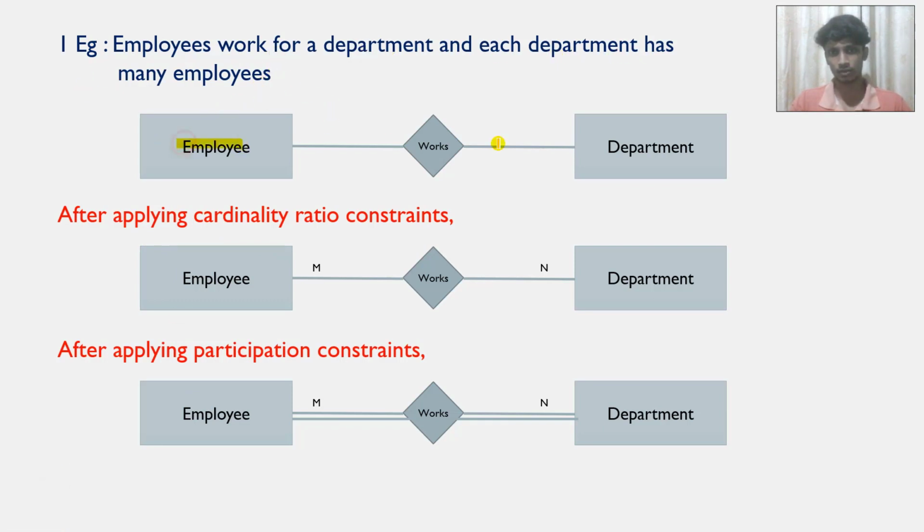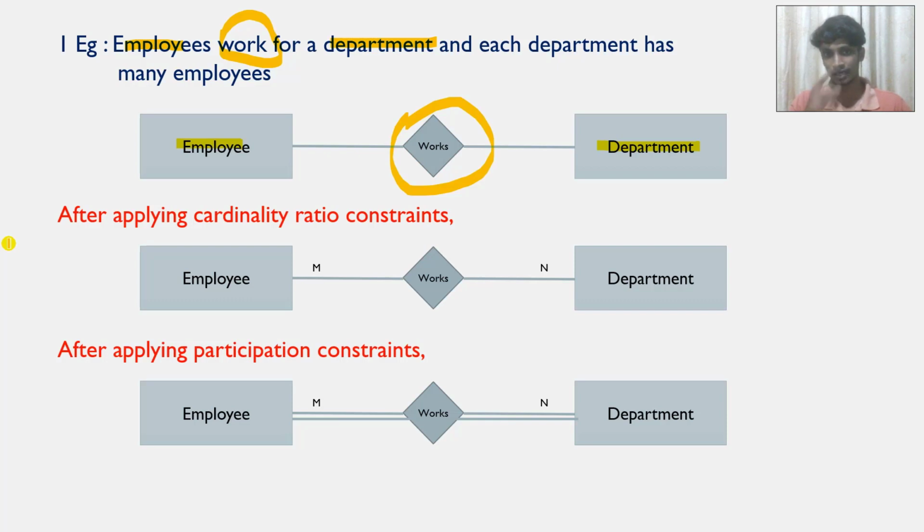It means these employees are the entities, and work is the relationship. Those are very simple things we can identify. And now we know cardinal ratios, so we should apply that material over here. That's why we have learned that fact.